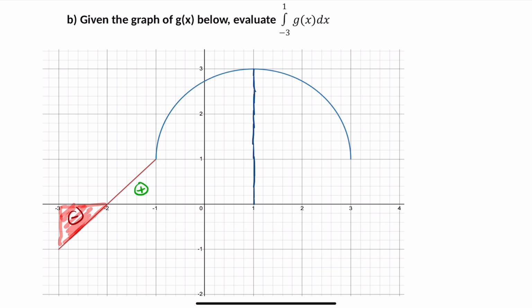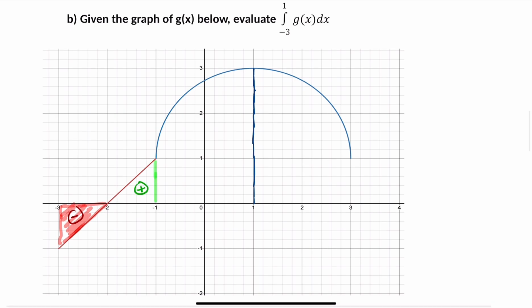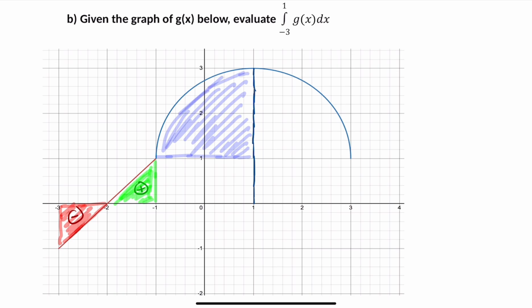And we can color code this in as well. And then from -1 to 1, I see that we have half of a semicircle. So we can color code that in as well. And there's just one region left, which is from -1 to 1 as well, and it's simply just a rectangle.